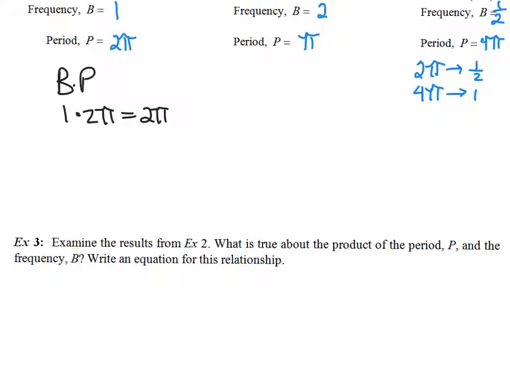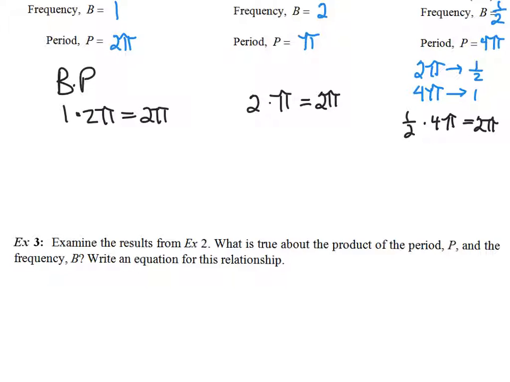Now watch what happens as we go along to the other two examples. If I multiply B times P, I had a frequency of 2, and I'm multiplying by pi, so that also gives me 2 pi. And for the red example, when I take 1/2 and I multiply it by 4 pi, I still get exactly the same answer, 2 pi.